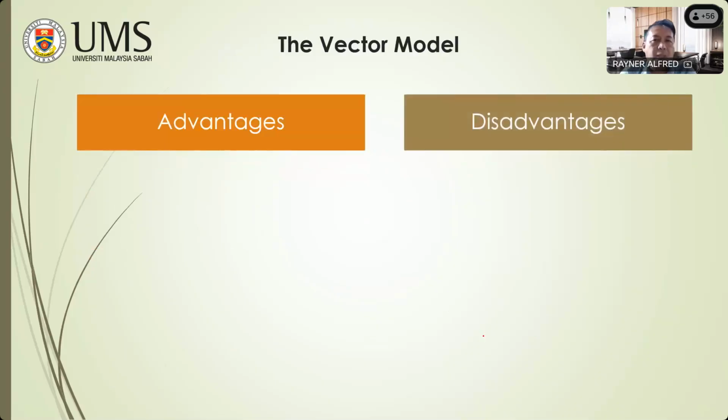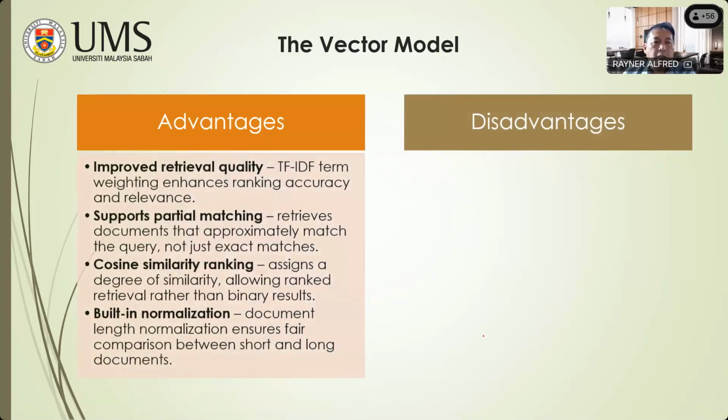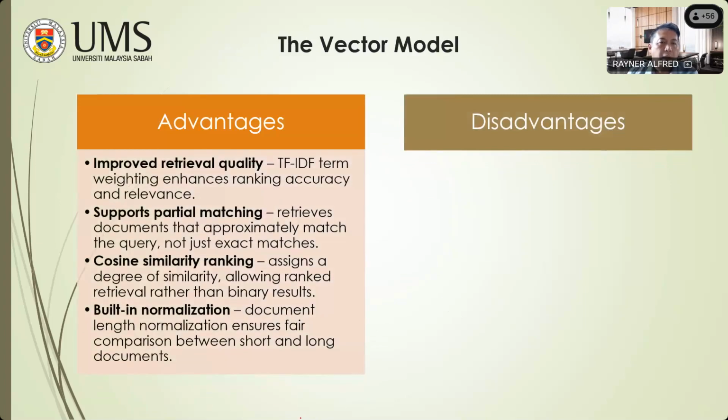Okay, so what are the advantages and disadvantages? For the advantages, there are 4. The first one is it improves the retrieval quality, because now you will be able to perform ranking and also partial matching. The cosine similarity function assigns a degree of similarity, allowing ranked retrieval rather than binary results.